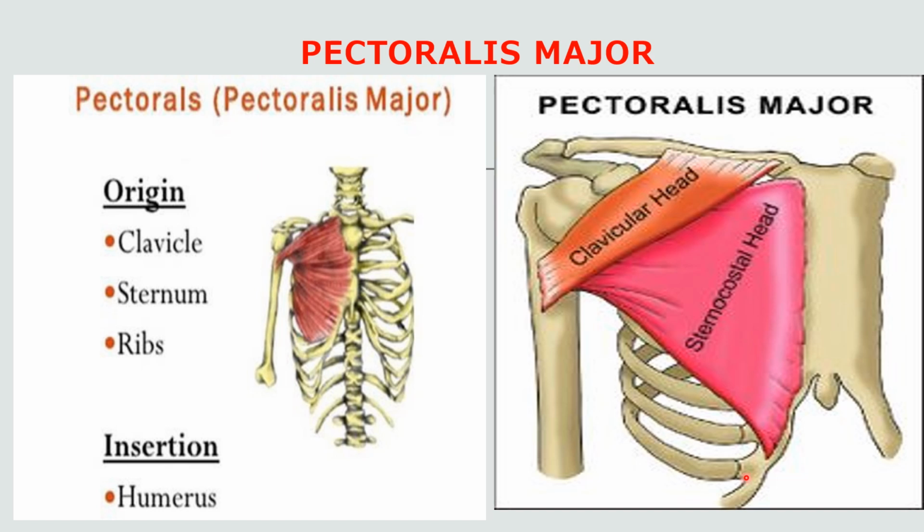Then it also arises from the aponeurosis of the external oblique. The external oblique is a muscle of the anterior abdominal wall. So it also arises from the aponeurosis of the external oblique over the upper attachment of the rectus abdominis muscle.